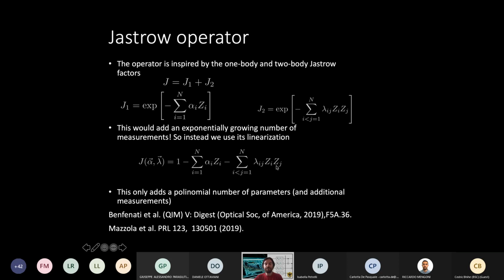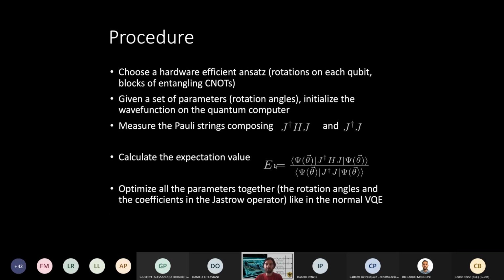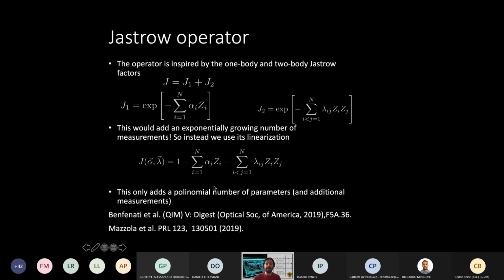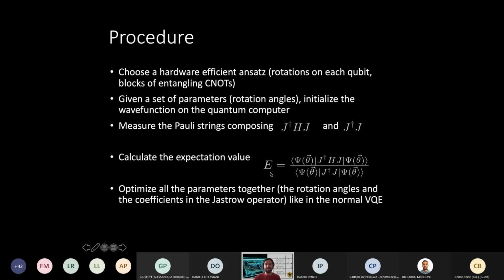These are quite simple because they are Z, so it's not very bad in computation. So we add more Pauli strings, but they are in some way diagonal. And so we have to evaluate this expectation value. And then, of course, we optimize all the parameters. Now we have two sets of parameters, one inside the circuit, which are the thetas, and the other, the lambdas and the alphas, which are outside the circuit.